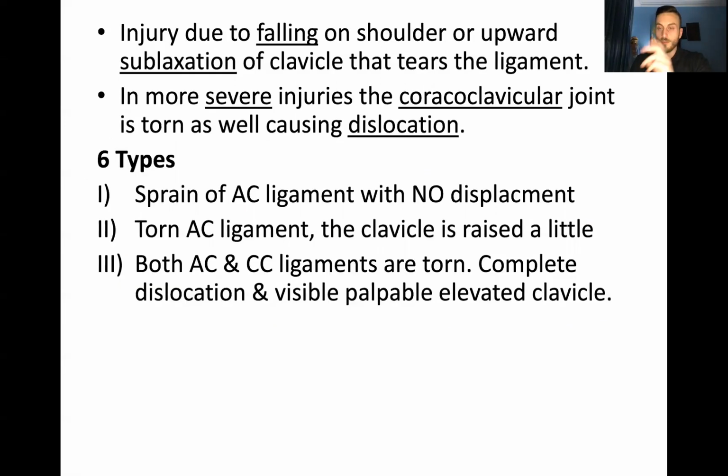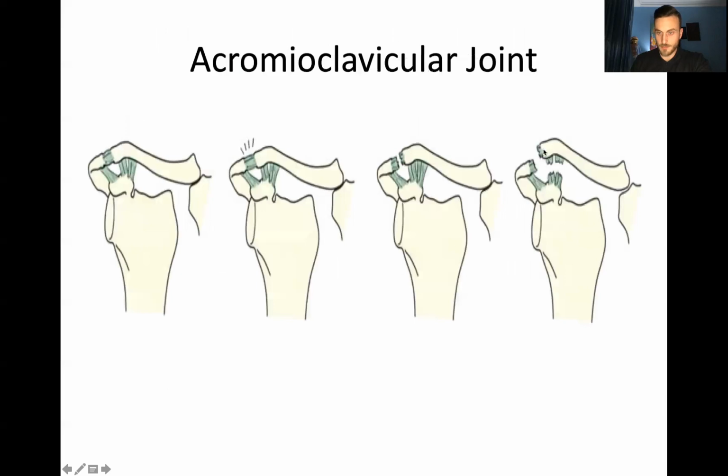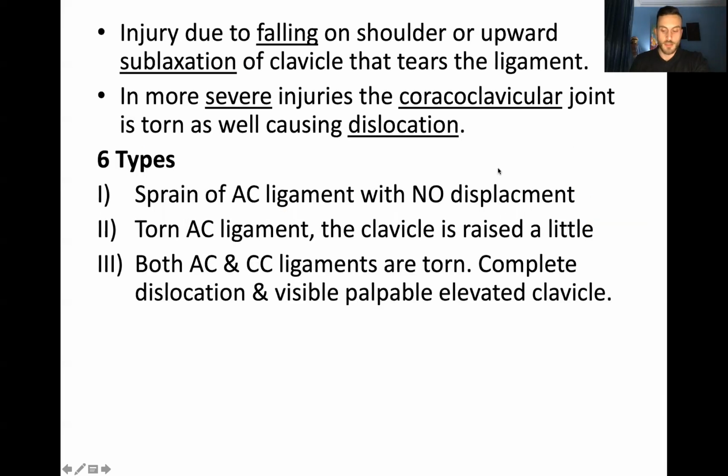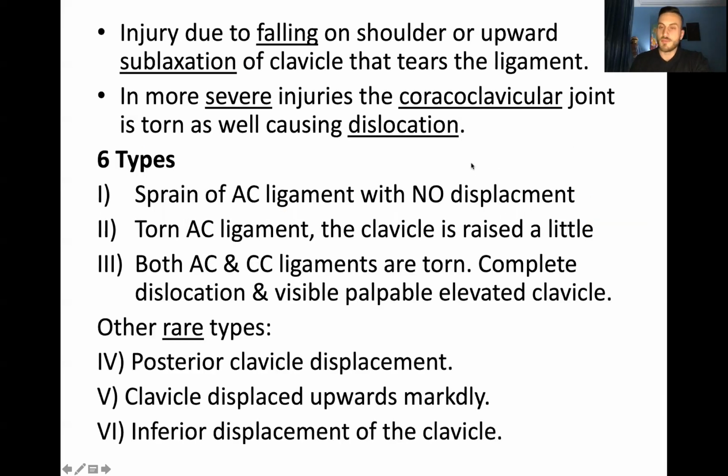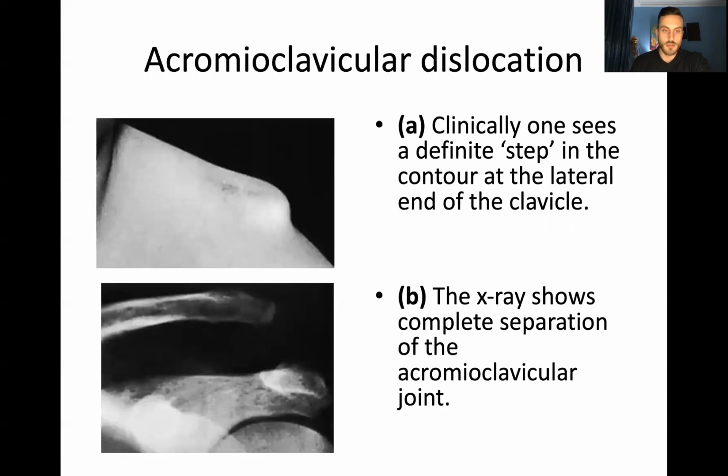In the next type, both AC and CC ligaments are torn, as you can see in this picture. There are some types which are rare. If you have posterior clavicle displacement, or the clavicle is displaced upward or inferiorly downward. So these are the 6 types of AC joint injuries.